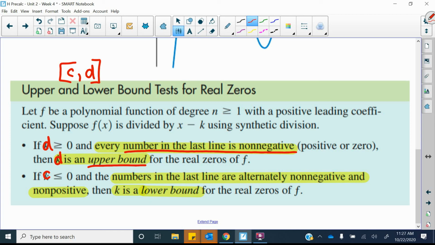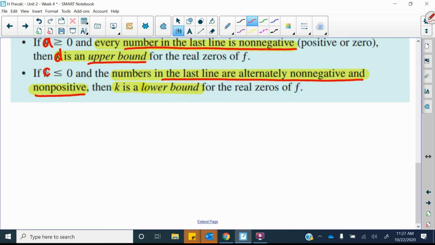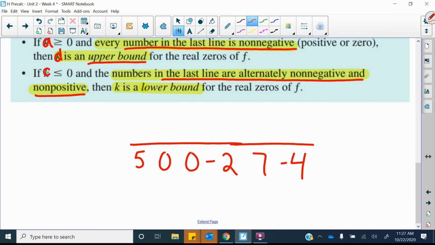Whereas if we use the smallest number to show it's a lower bound, the numbers in the last line are going to be alternatingly non-negative and non-positive. So for example, let's say you get through and you have 5, 0, 0, -2, 7, -4 as your last line in the synthetic division.